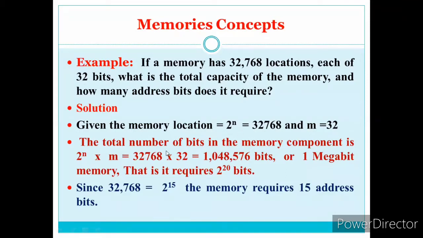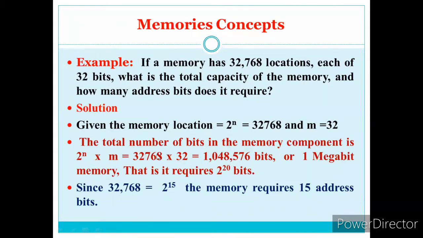As we know, the total number of bits in the memory component is 2 raised to n into m, which is 32,768 into 32, which is nothing but 10,48,576 bits, or 1 megabit. So the total capacity of the memory is 1 megabit.